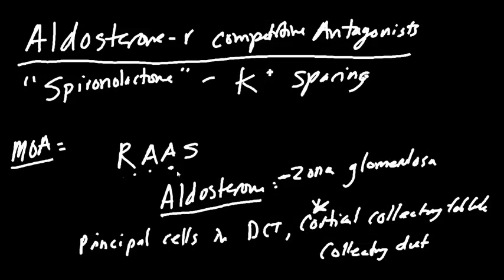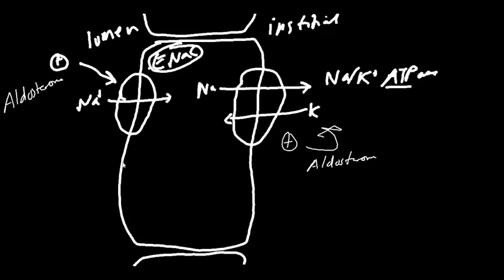However, we're going to give a drug. It'll be an aldosterone receptor antagonist, meaning we're going to block the effect of aldosterone. If we do an aldosterone receptor antagonist, I'll just abbreviate it ARA, it'll block that. It'll actually inhibit this channel.